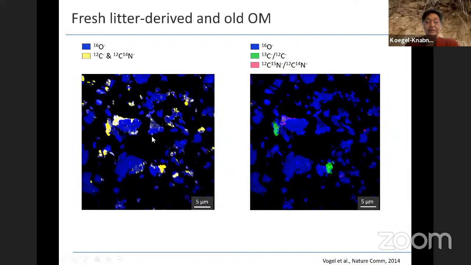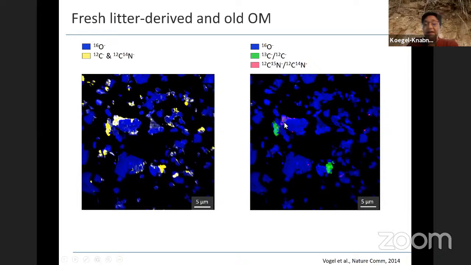Here again the same, and here we now look at the label of 12C15N over 14N. So this is the enrichment with nitrogen-rich compounds, and in green, the enrichment with 13C-rich compounds.